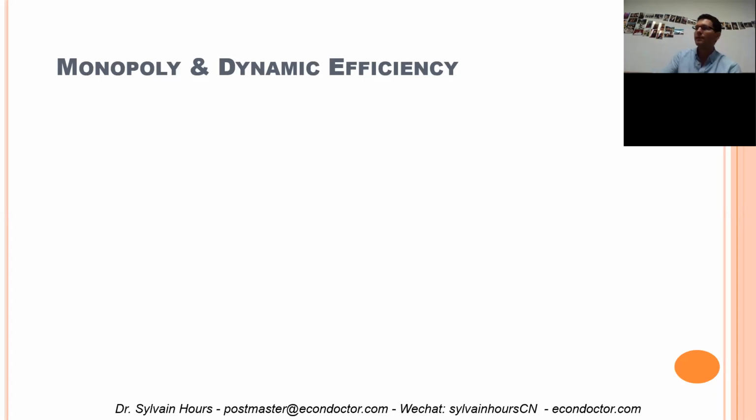But there is something else that we have to take into account. It's the ability to innovate. Because, as I explained, it is usually extremely expensive to achieve a product or process innovation.